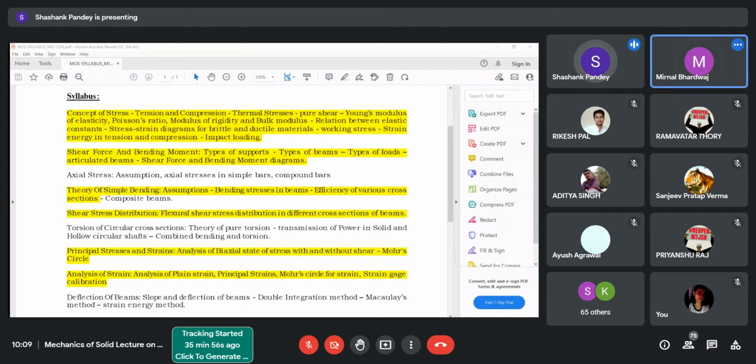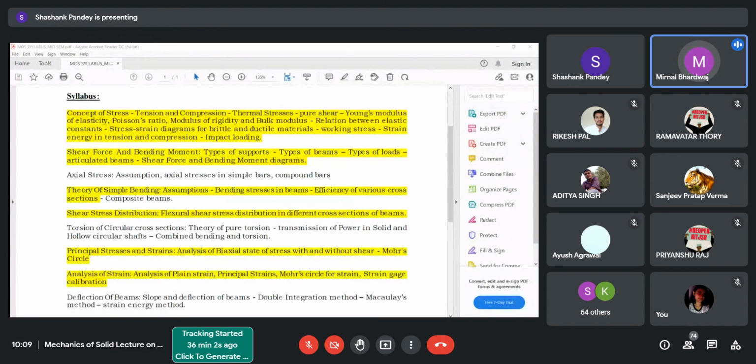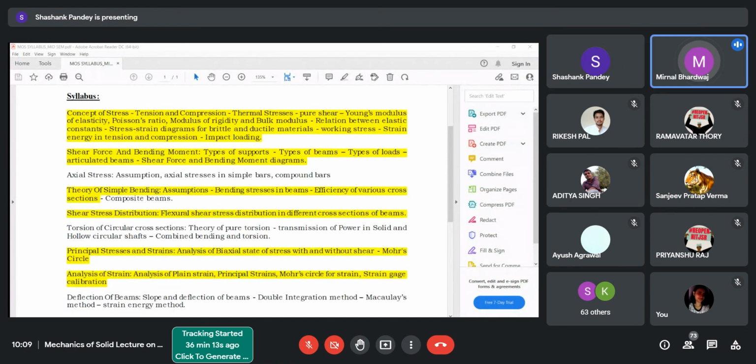Hello, sir. Mrinal, please tell. Sir, in bending moment, can you use the singularity function method to solve? Which function? Singularity function, which we have learned in first semester.